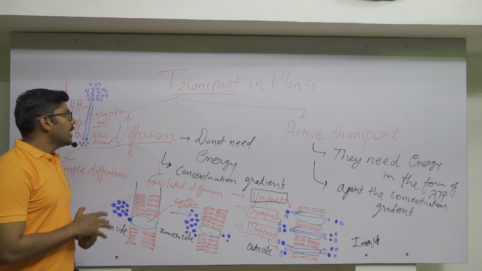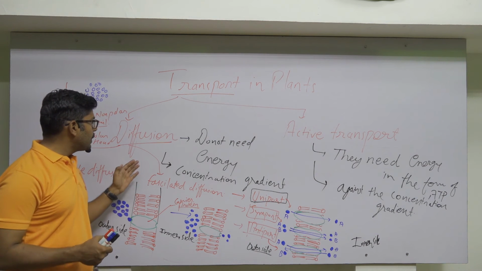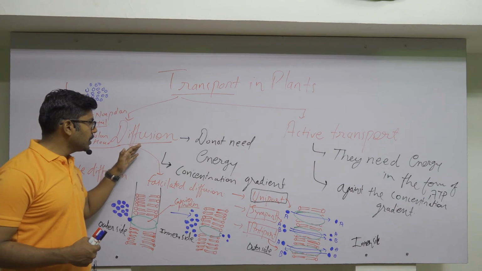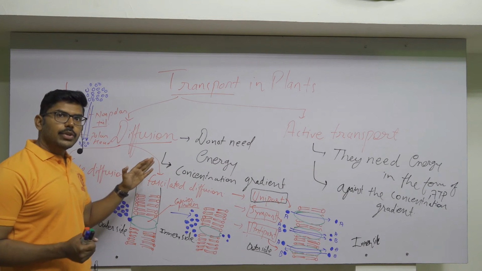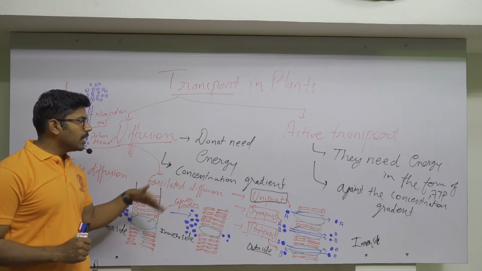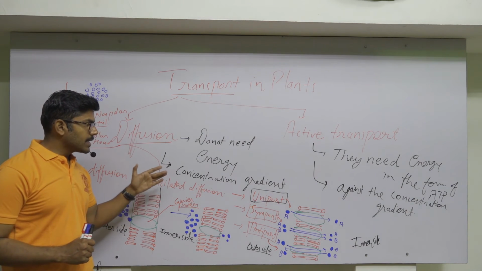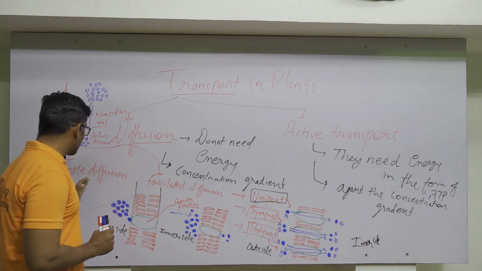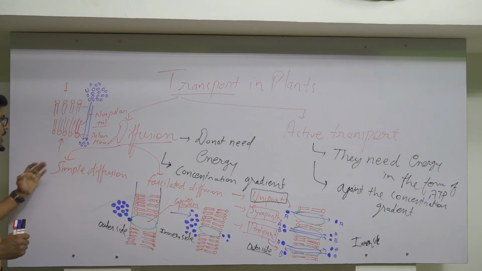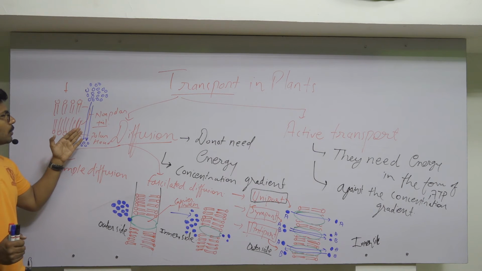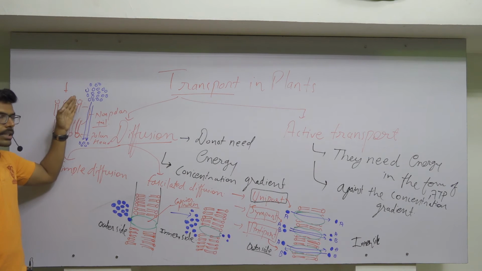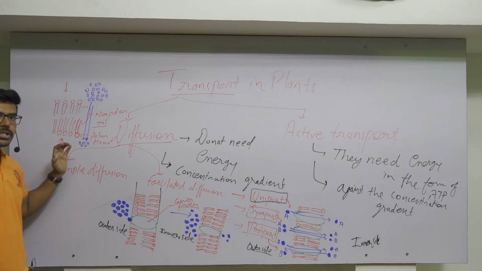So this is the simple method that is called diffusion. In diffusion, they don't need energy, because they transport according to their concentration gradient. There are two types of diffusion, simple diffusion and facilitated diffusion. In simple diffusion, non-polar molecules can easily move from the outer side to the inner side according to their concentration gradient.